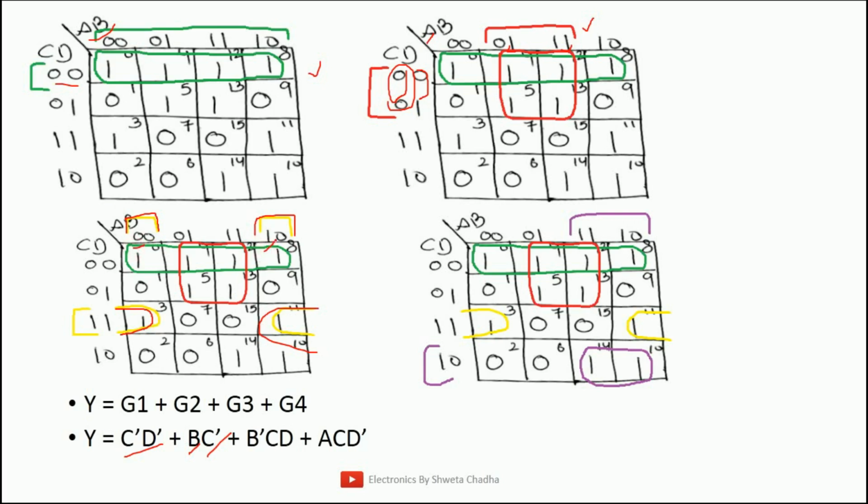Changing value, ignore. Second is B, 0, 0. So for both the cases B is equal to 0, hence B bar. The value of C and D, both the values are equal to 1, 1, and we do not have any separate value with the help of which we are supposed to compare the values. Hence C is equal to 1, D is equal to 1, that is C dot D.